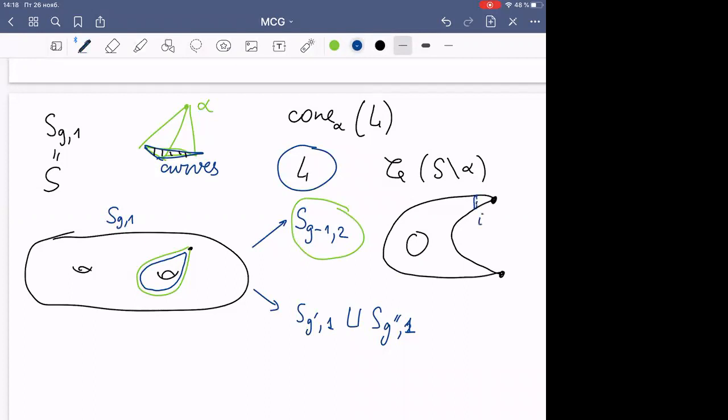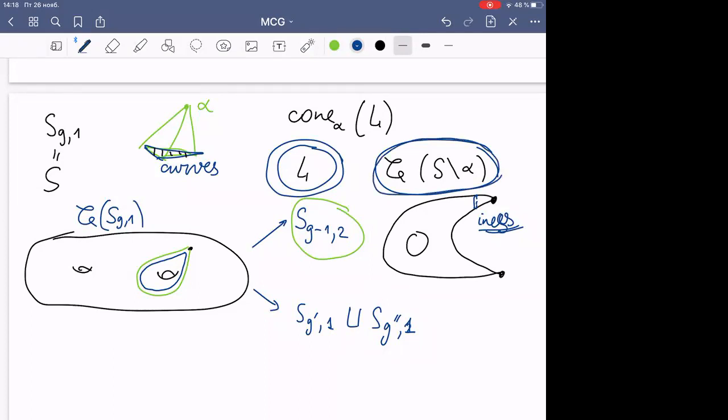So here it is inessential, so it is not allowed in the curve complex. So in this L, we have this curve which is allowed in the curve complex of the original, and it belongs to L since it is disjoint from alpha, but it is not allowed in the curve complex of this deleted surface.